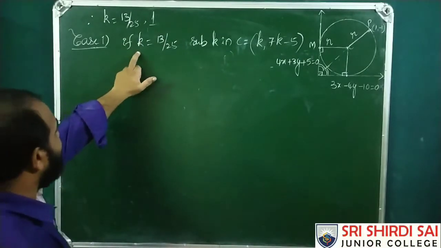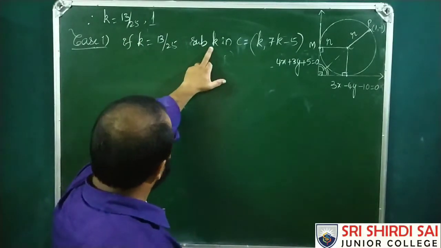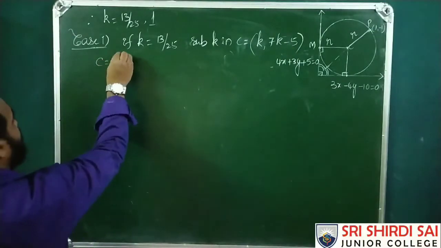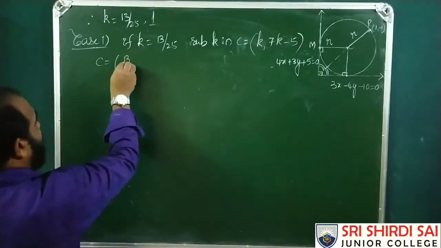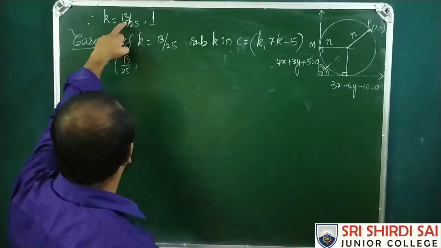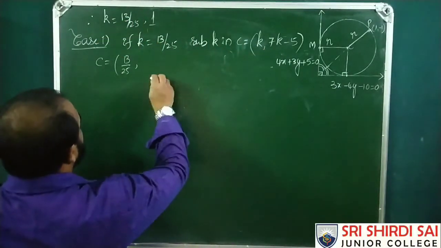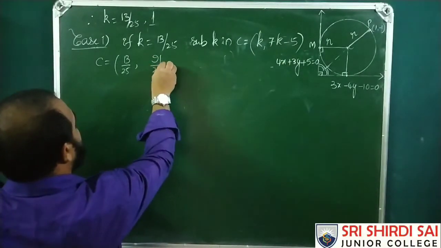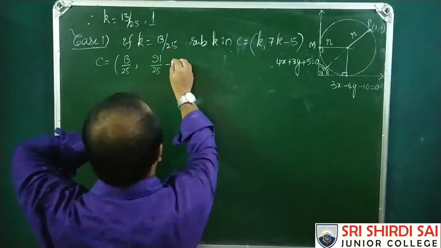If you take k equal to 13 by 25 and substitute k in c, 7k minus 5, then c is equal to how much? 13 by 25, comma, 7 into 13, so 91 by 25 minus 5.